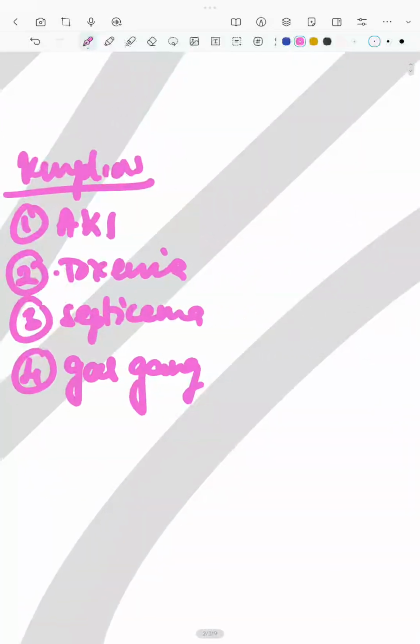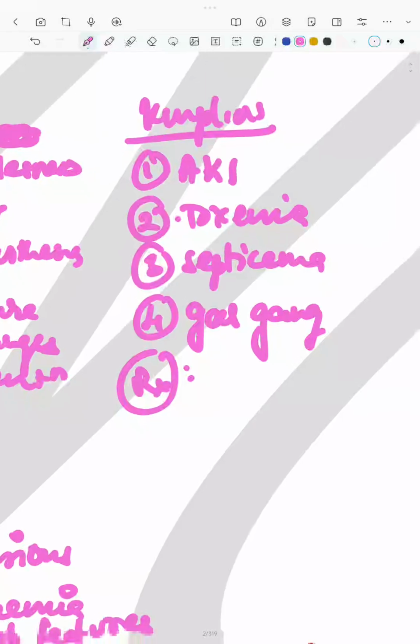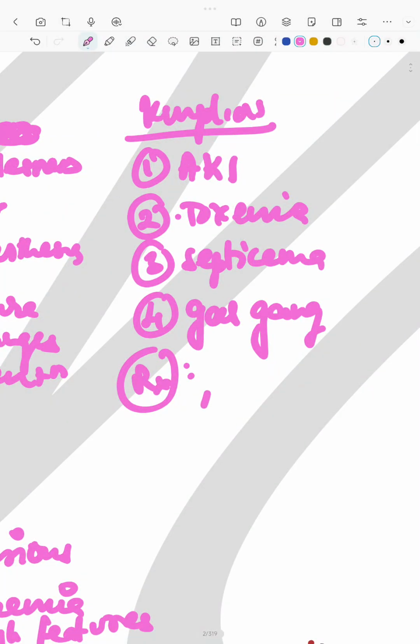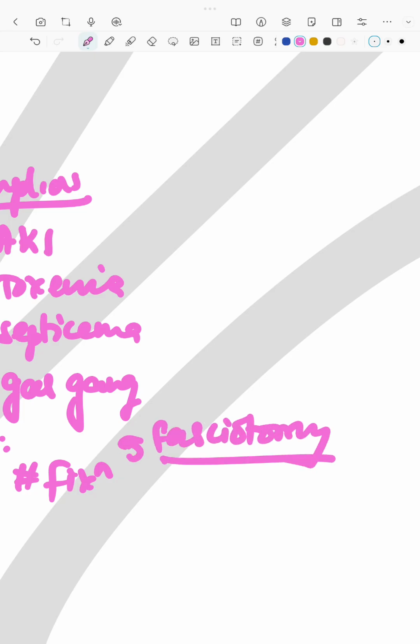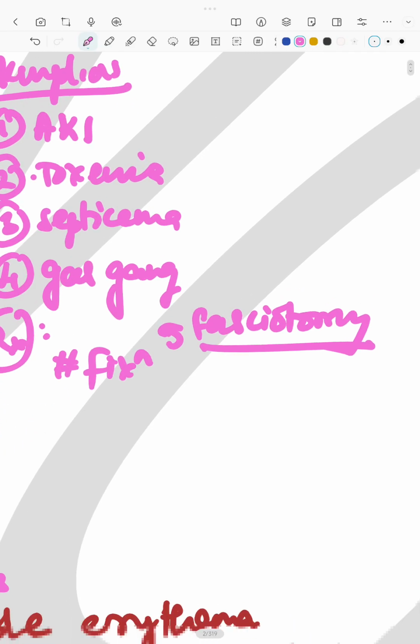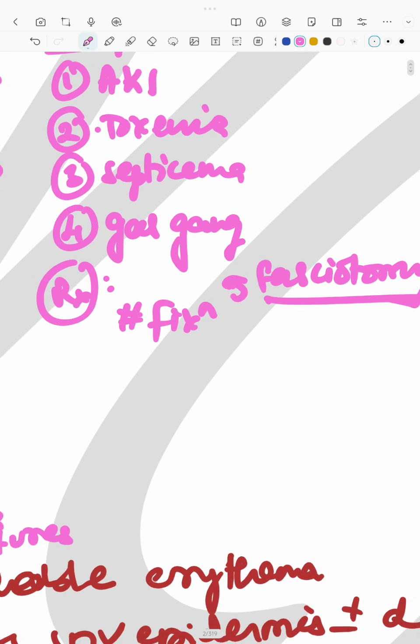Next, what can you do as treatment? The treatment can be done with fracture fixation. Before that, you need to do fasciotomy, because there is increased compartmental pressure. Fasciotomy should be done, and you can give rheomacrodex or mannitol.